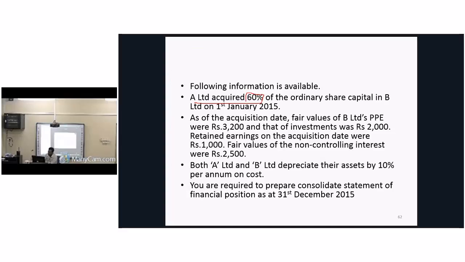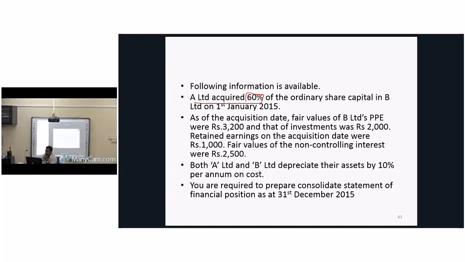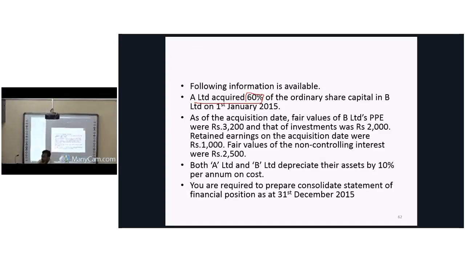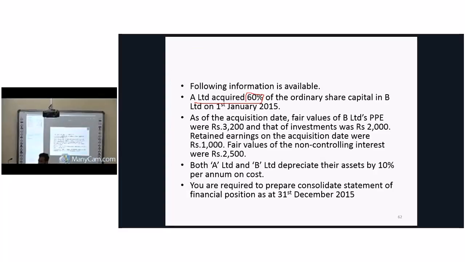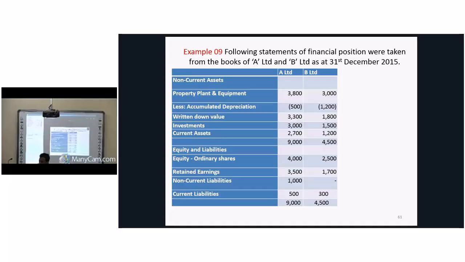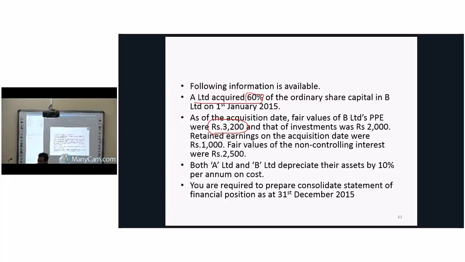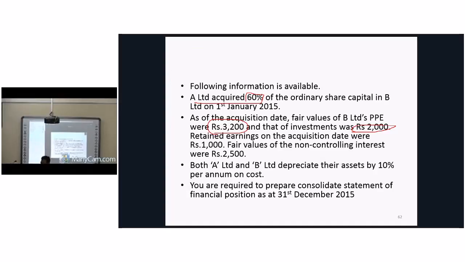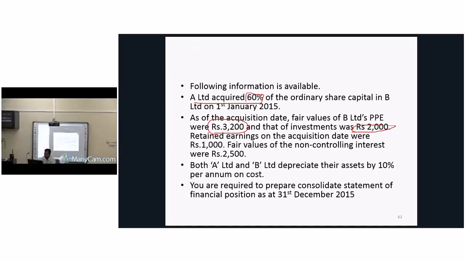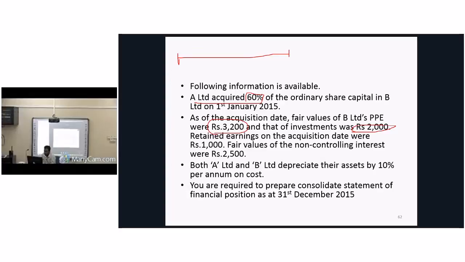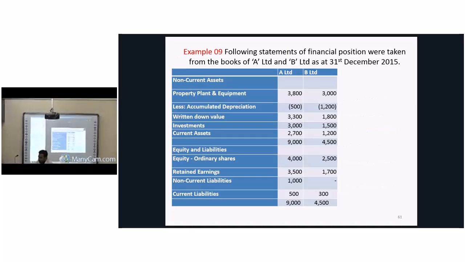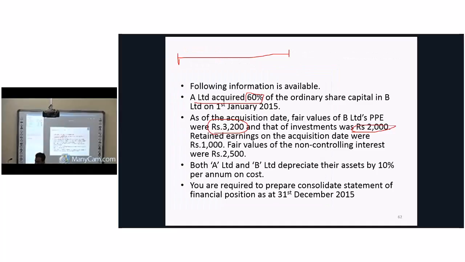And second, as of the acquisition date, the fair value of B Limited's property, plant and equipment was rupees 3,200. Simple amounts, don't worry. And that of the investment was 2,000. Right, now what has happened? Just see the timeline. What is our acquisition date? The year end is 31st December.